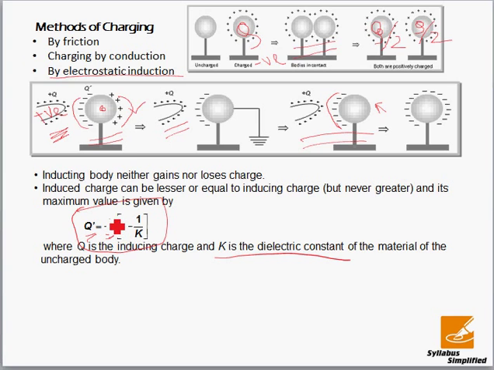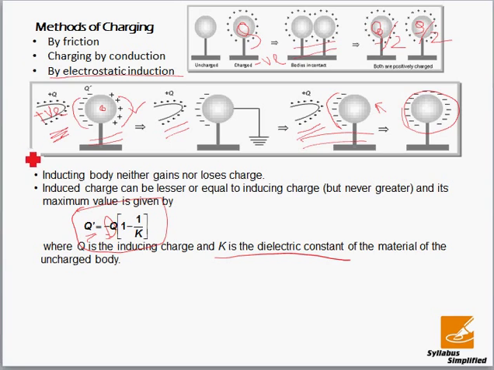What does this negative sign tell? It tells that the induced charge in the body is always opposite to the charge of the inducing body, that is, the charge gained by this body is opposite in sign to the inducing rod or the inducing body. It's always true.